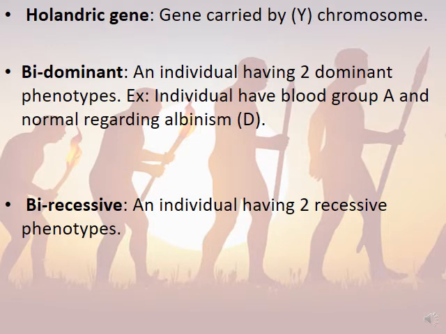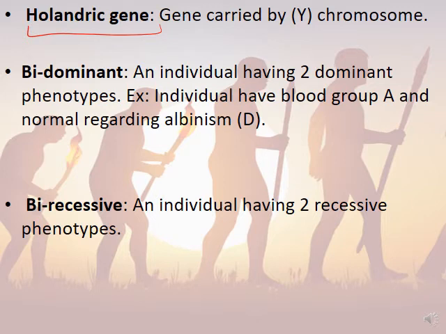Hollandric gene. What is the meaning of Hollandric gene? It is the gene that is carried by the Y chromosome. So we call it a Hollandric gene. Whereas bidominant is an individual having two dominant phenotypes.